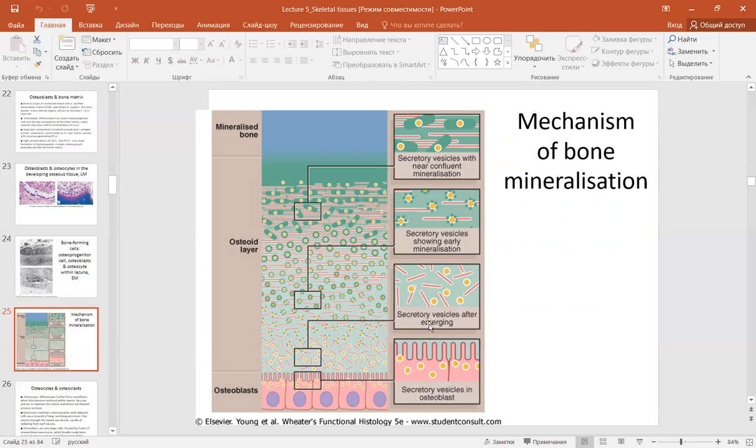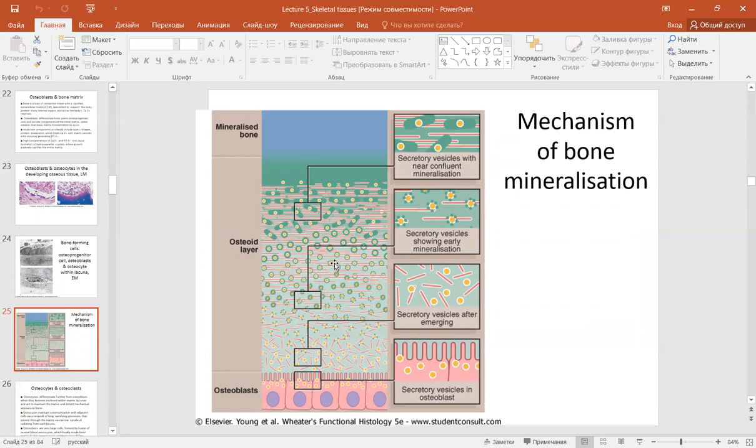Secretory vesicles, after emerging from the osteoblastic space, are colored with the yellow coloration. According to the activity of alkaline phosphatase and pyrophosphatase, phosphate ions are being formed in the extracellular space surrounding osteoblasts. This is called the osteoid layer.